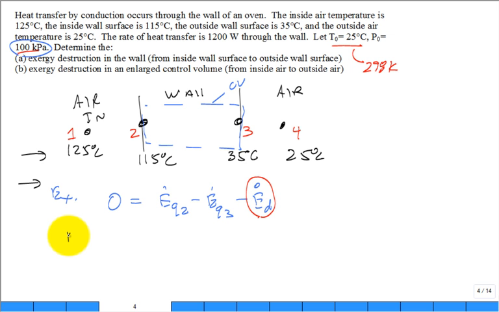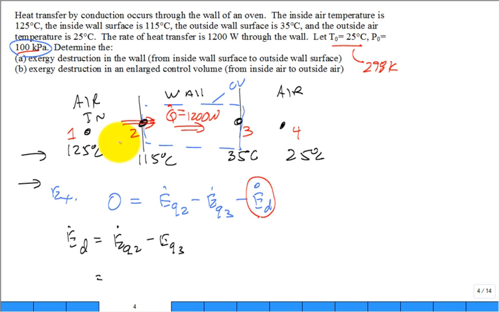So we have that the rate of exergy destruction inside is how much is coming in at 2 and how much is leaving at 3. What's my equation for what's coming in? Well, first of all, how much was flowing through? Q dot was constant at 1200 watts. Let me ask you this. What is the flow of heat across the boundary at 2?